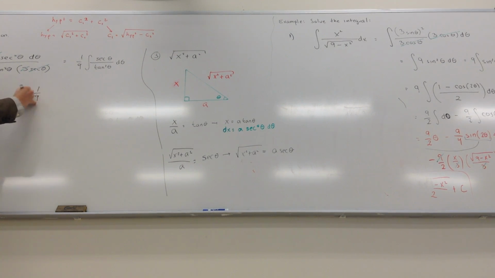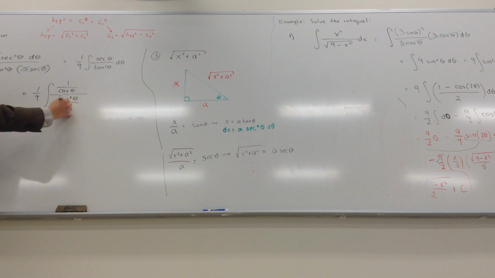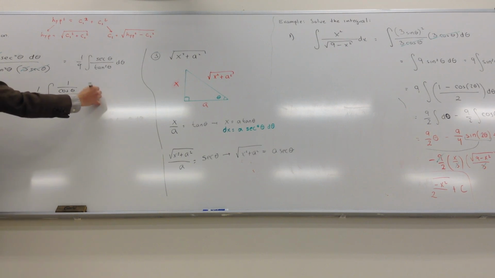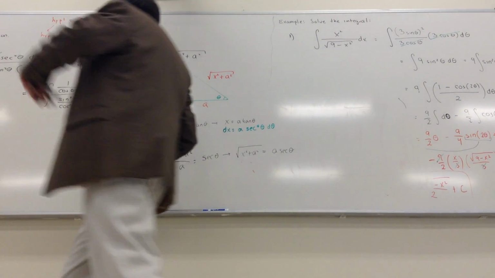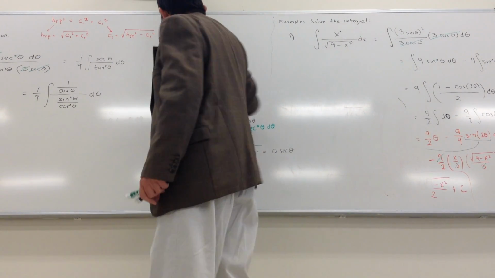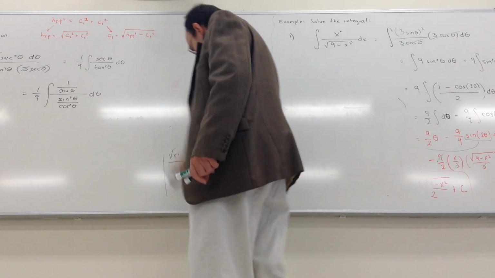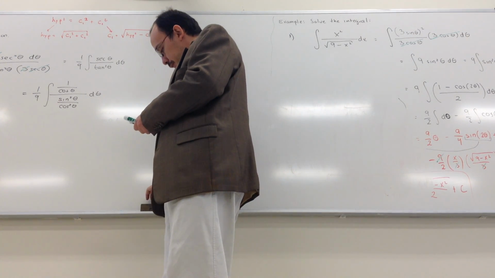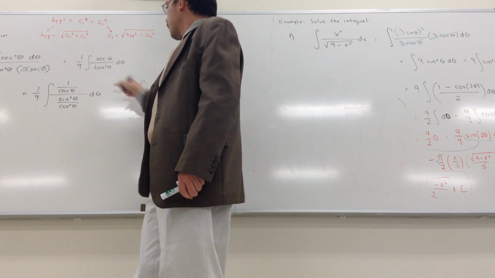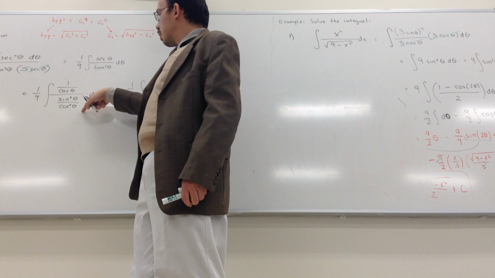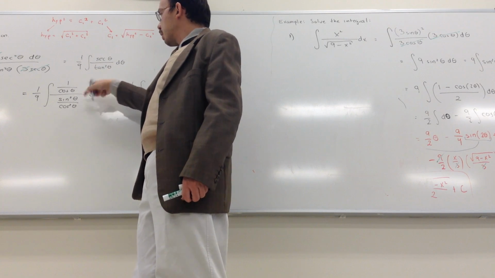1 over 9, secant is what? Tangent is what? I apply reciprocals. So 1 over 9, 1 over cosine squared, cosine and sine squared.